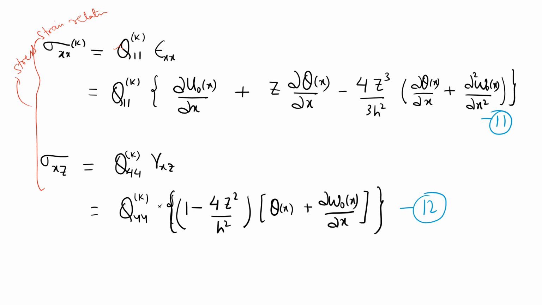So these are the constitutive equations. The stress is the material properties times the strain, and the strain we have written here. Similarly, sigma xz equals this constitutive equation times the shear strain. So this is the material properties and this is the strain part.